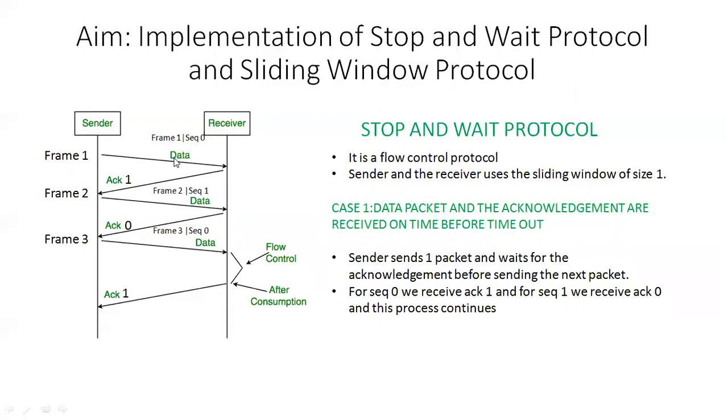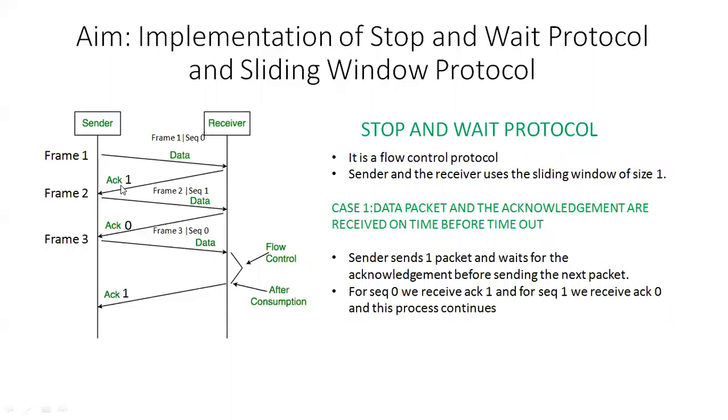Once this data is received, the receiver will acknowledge it with the acknowledgement number 1. So for the sequence number 0, you will be acknowledged with 1, which means that the receiver has received the frame with sequence number 0 and is now ready to receive the frame with sequence number 1.